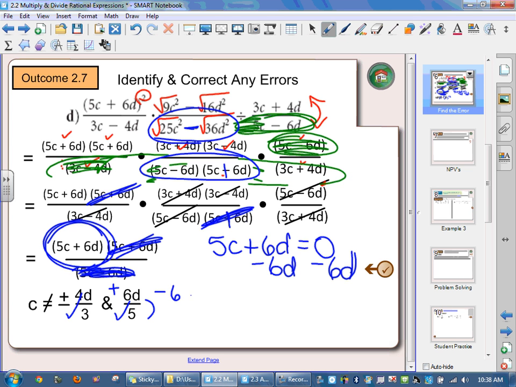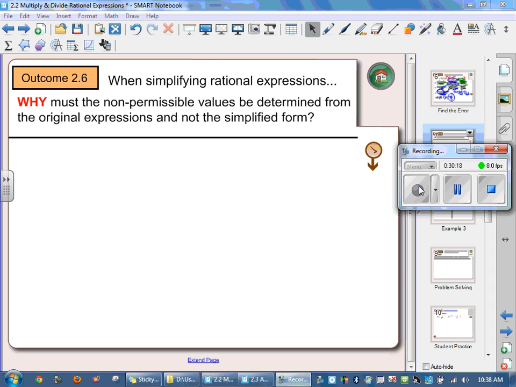We could cancel more things out. Very nicely done. Okay, now we're going to have some practice time. So all of our examples, hopefully you've realized by now why we have to come up with non-permissible values from our original solution. Because if we look at that last question, did we end up with a denominator at all?